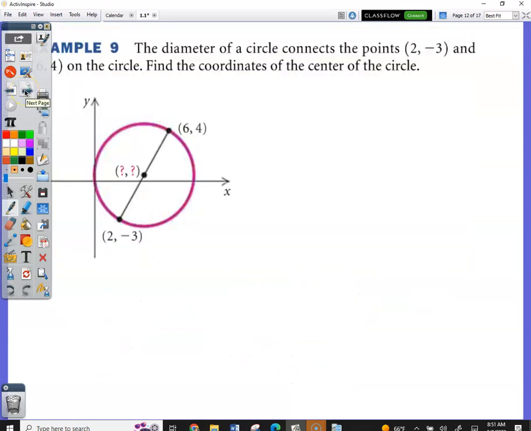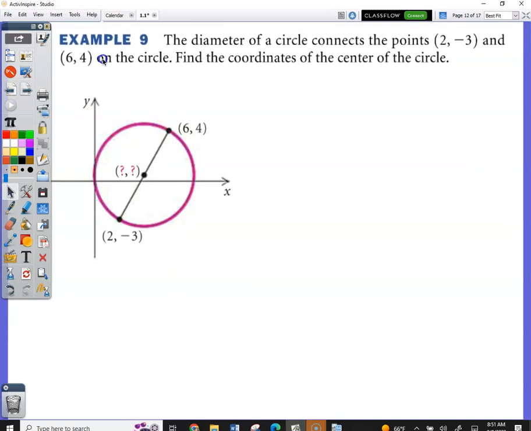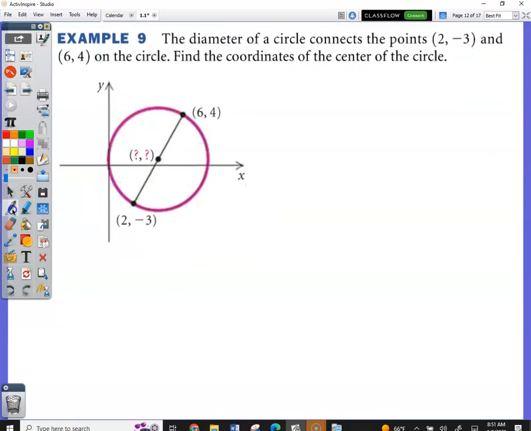All right, here we go. The diameter of a circle connects the points on the circle. Find the coordinates of the center of the circle. When you first read it, you might think this is some really difficult type of question.